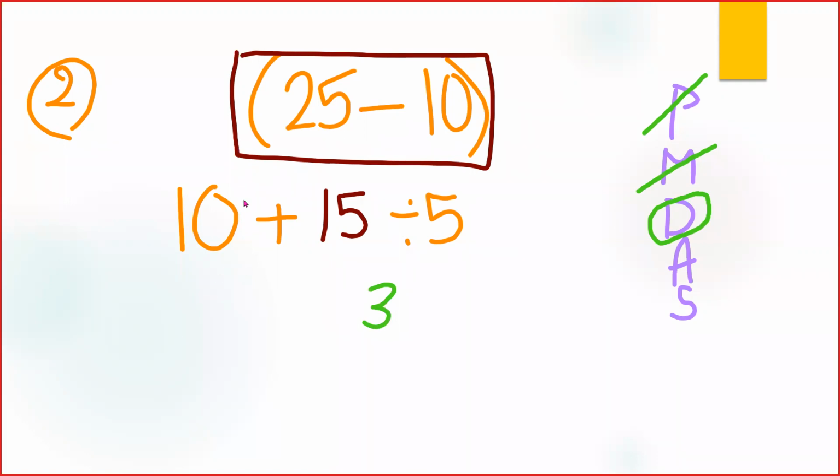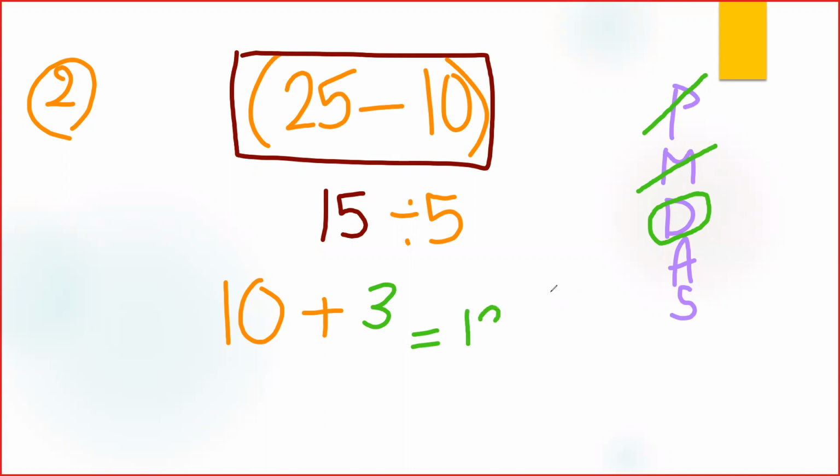Then after that, what do we have left? We have 10 plus 3, we will write it back. Then 10 plus 3 is 13. Bravo. Yes, right. This is number 2.